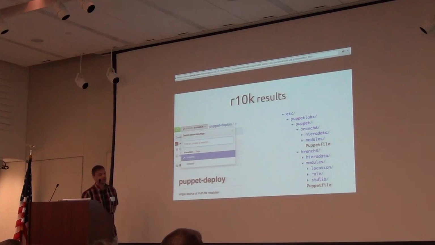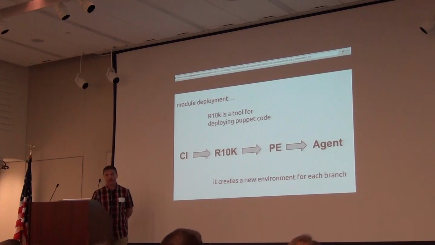In this repo, you're going to have all the branches that you want to deploy to your Puppet master. So branch A, branch B, whatever. Once this repo is created, you then tell R10K where that repo lives.